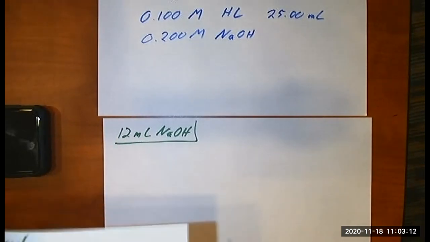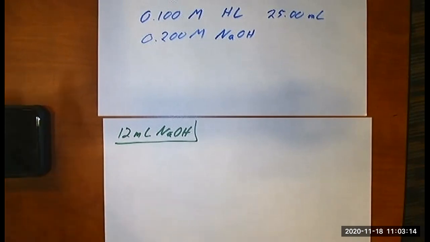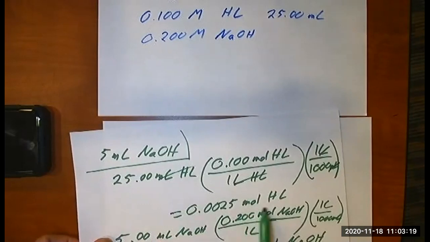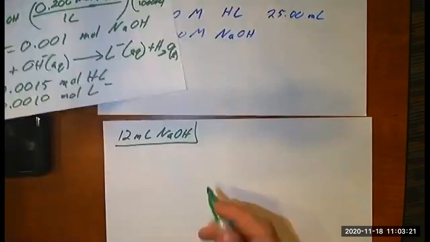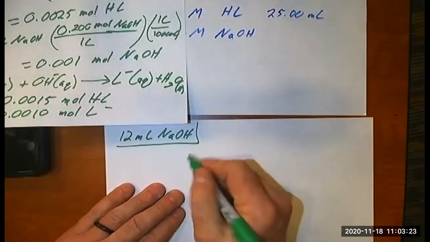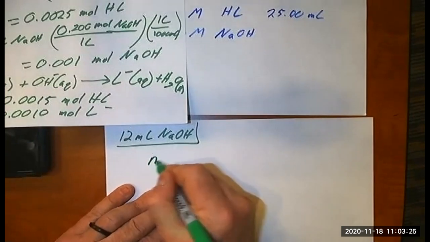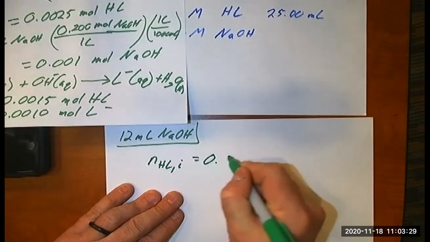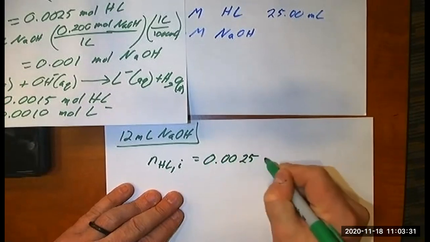We have the same result from before about how many moles of HL we started with. So the number of moles of HL initial is 0.0025.